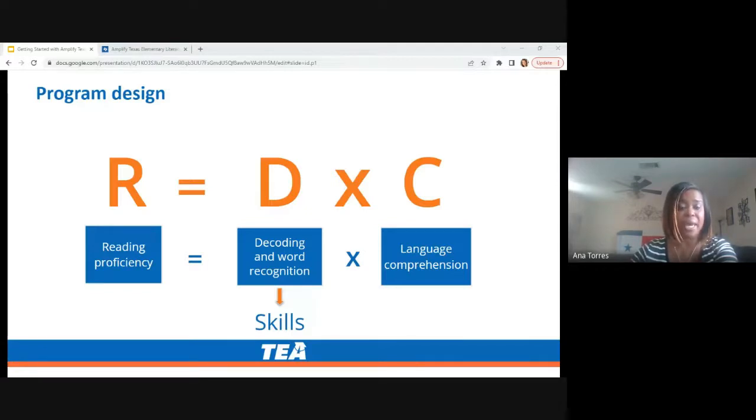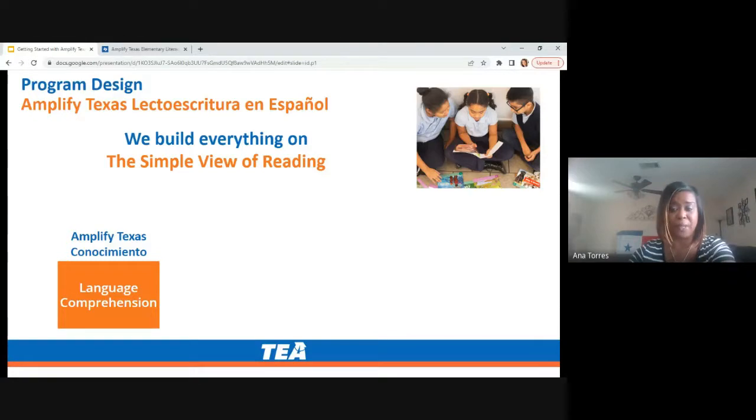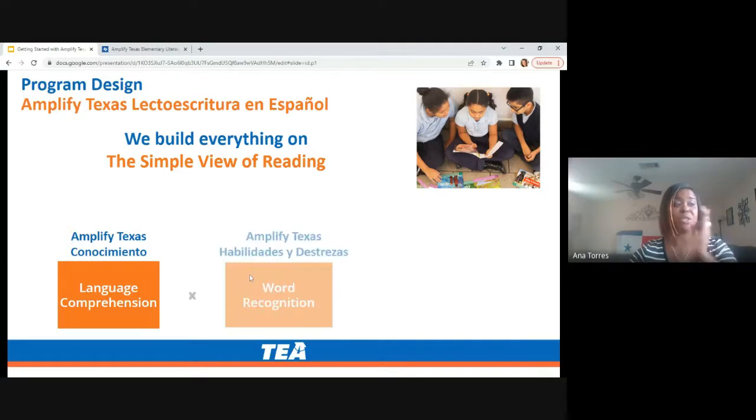In Amplify Texas, the Conocimiento piece, which is language comprehension, is a main component, but there's another component that's just as important, which is our Habilidades y Destrezas strand, which is word recognition.